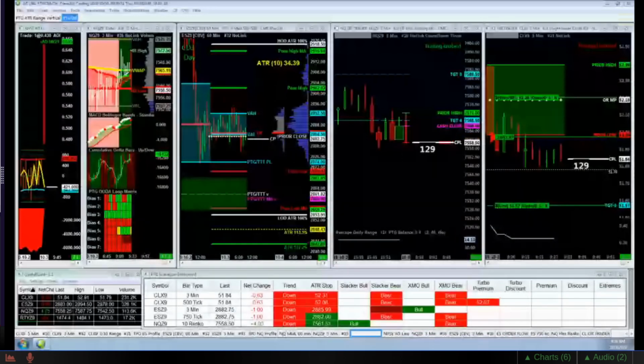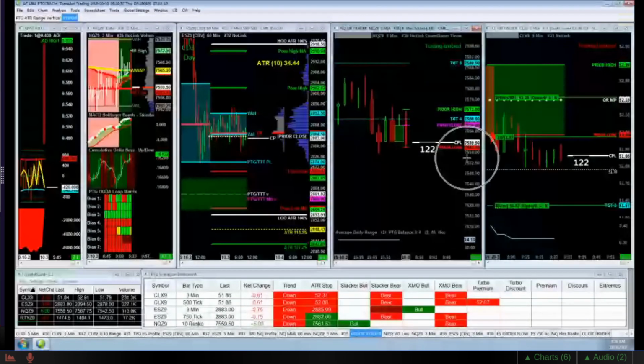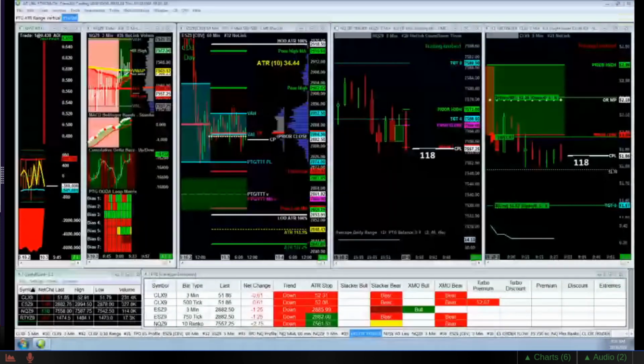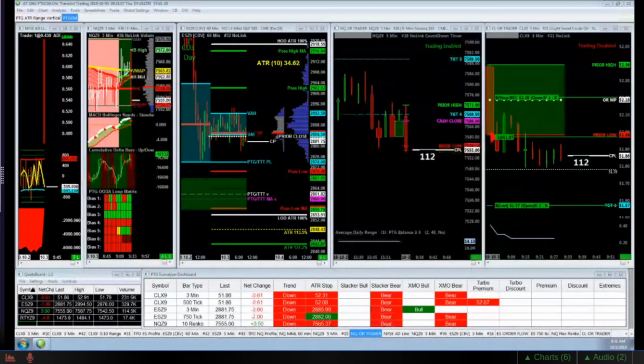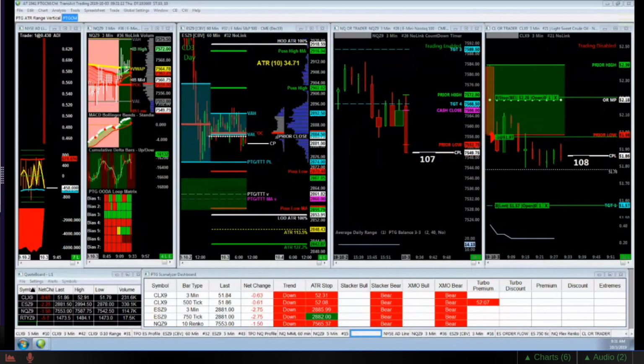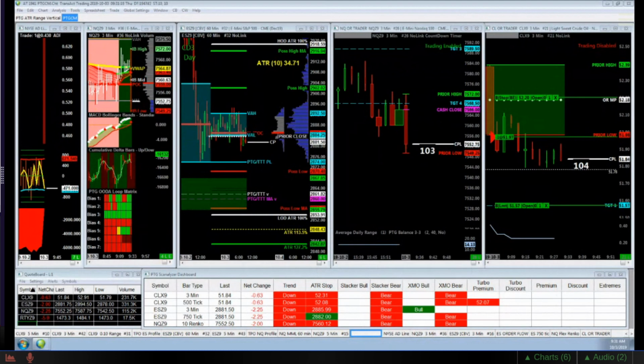All right. Let's see what happens here. So we get a decent opening in the NQ. Obviously, sellers aggressive here on the opening.